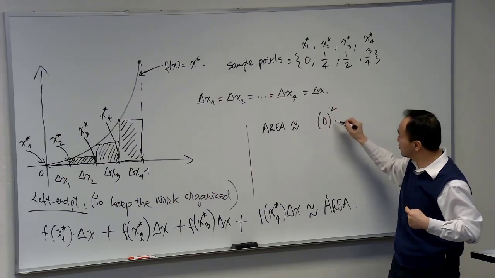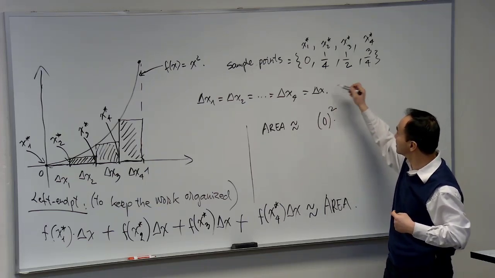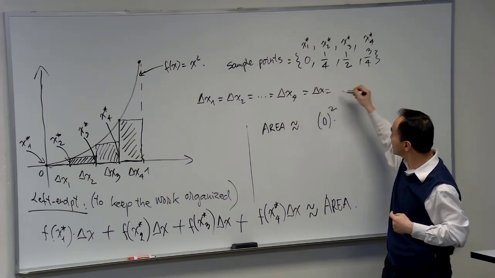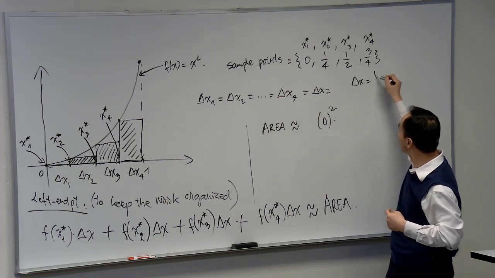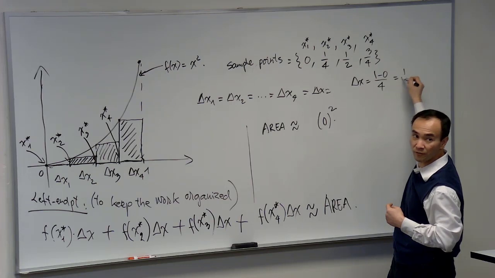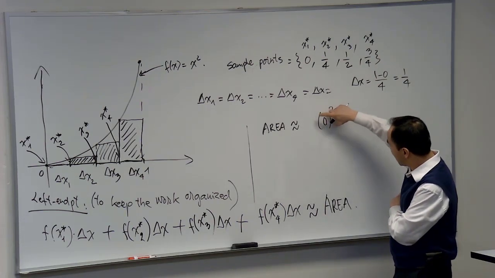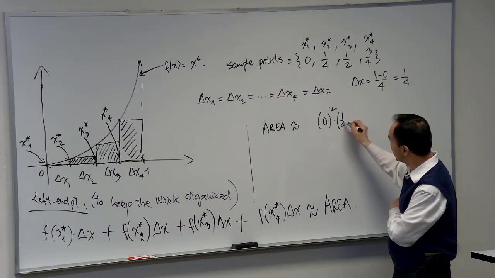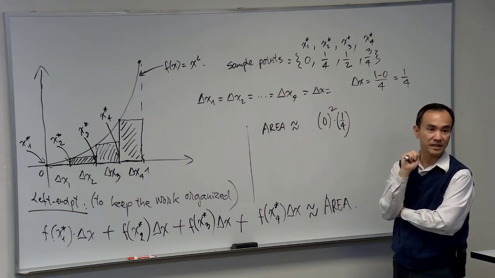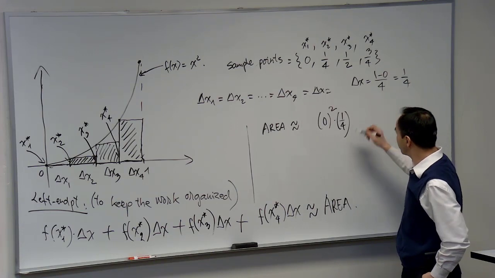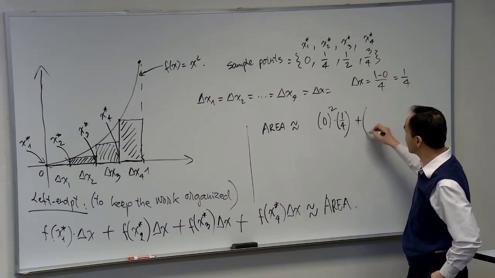And then we multiply with the delta x. In our particular problem, remember, delta x is 1 minus 0 over 4, which is 1/4. So now we multiply this height with the width, 1/4. That's the area.